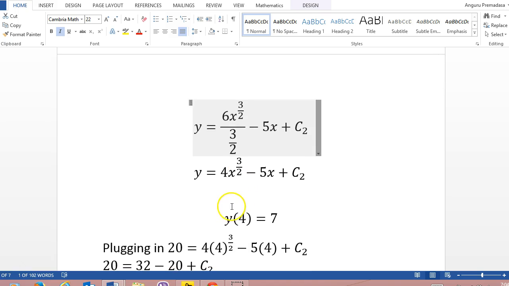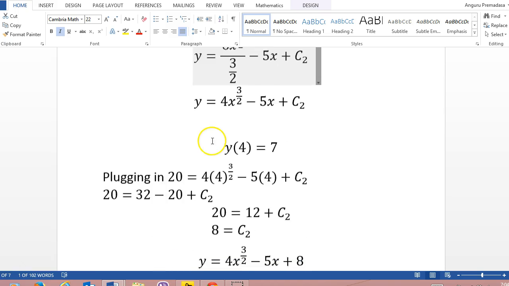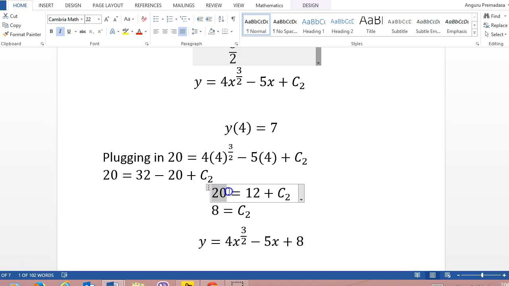So 20 equals 4 times 4 to the 3/2, minus 5 times 4, plus c2. 4 to the 3/2 is what? 4 to the 1/2 is 2, and 2 cubed is 8. 8 times 4 is 32, minus 20, plus c2. So 20 equals 12 plus c2, so c2 is equal to 8.